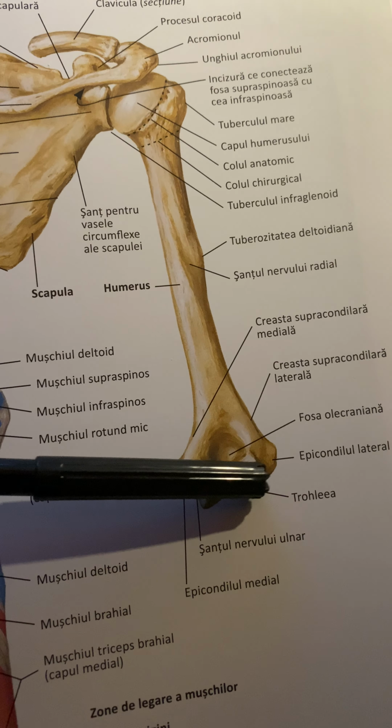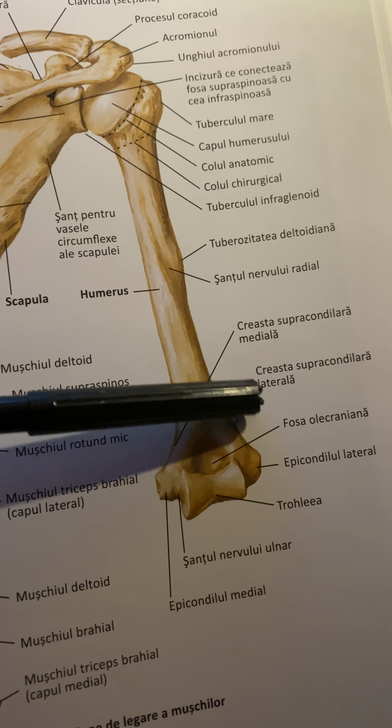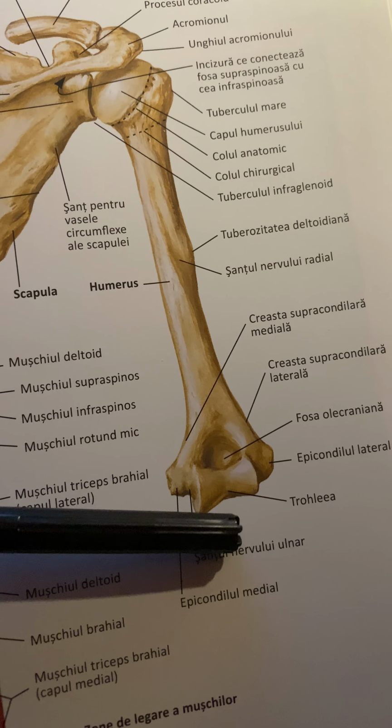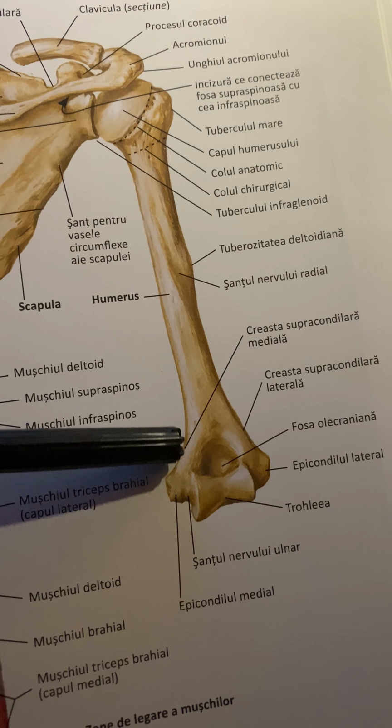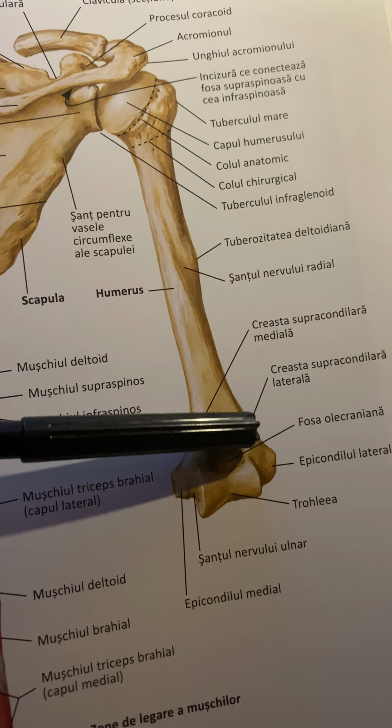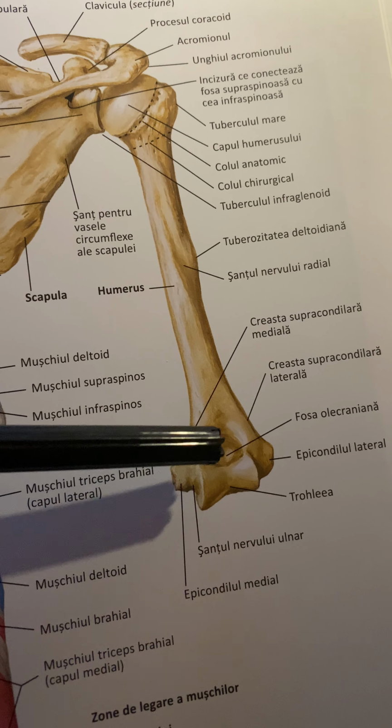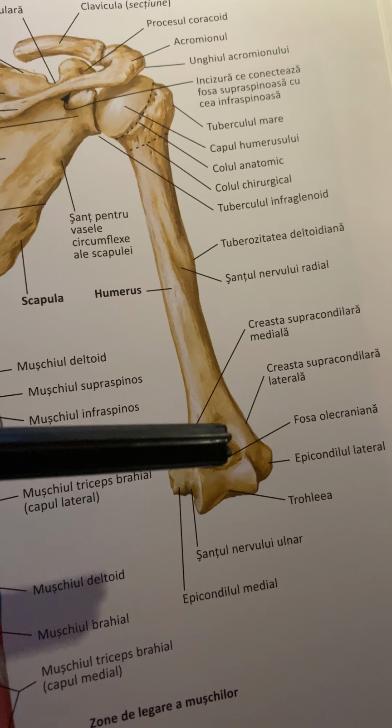Here you can still see the trochlea and the lateral epicondylum, and this huge fossa over here is going to be called the olecranon fossa.